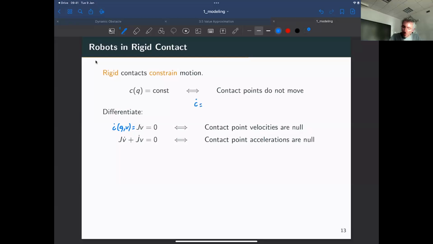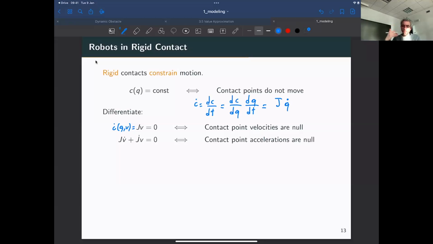C dot is nothing more than the derivative of C with respect to time. And using the chain rule, we know that we can rewrite that as the derivative of C with respect to Q times the derivative of Q with respect to time. And that's simply J Q dot. So it's very simple to express C dot as a linear function of V.